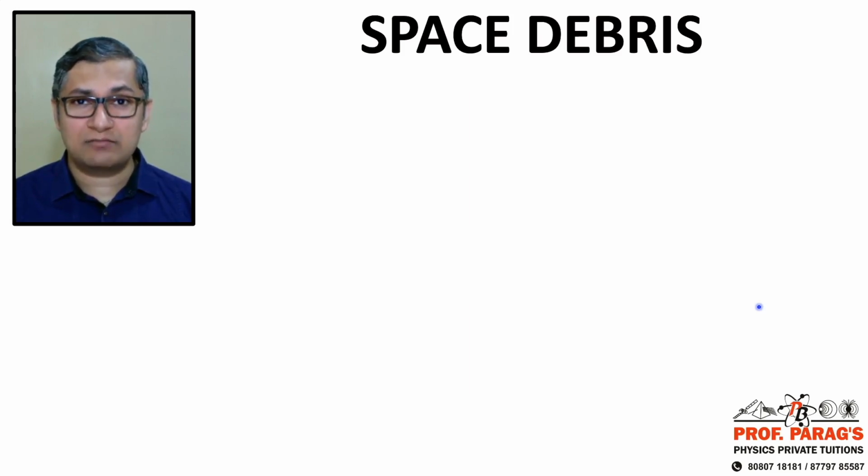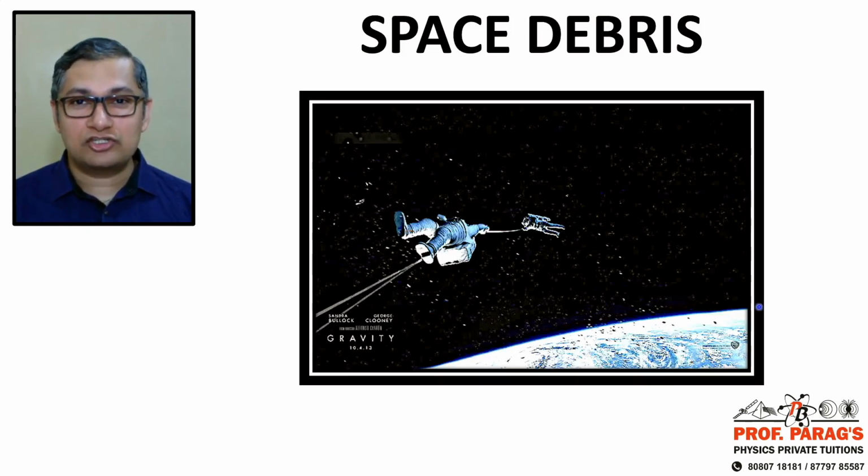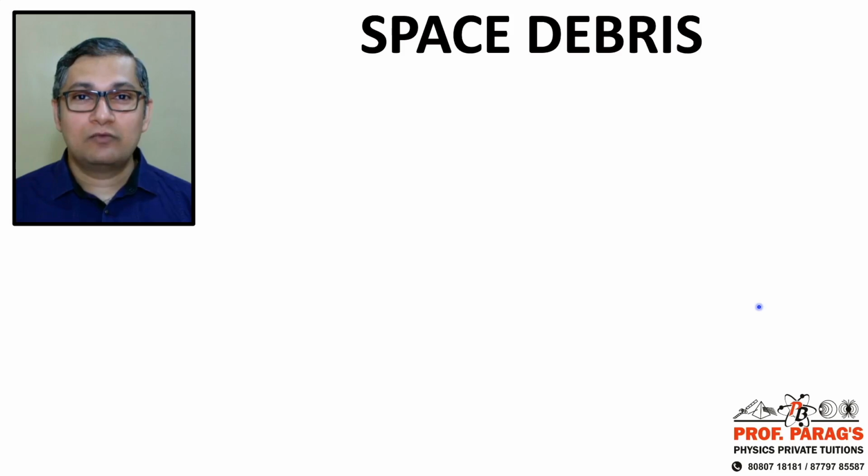Inside the Earth's atmosphere or on the surface of Earth, it's not causing any pollution. So what is the problem? If you want to know what the problem is, please watch the movie Gravity. If you have not yet seen it, you better watch this movie to understand what havoc space debris can create.